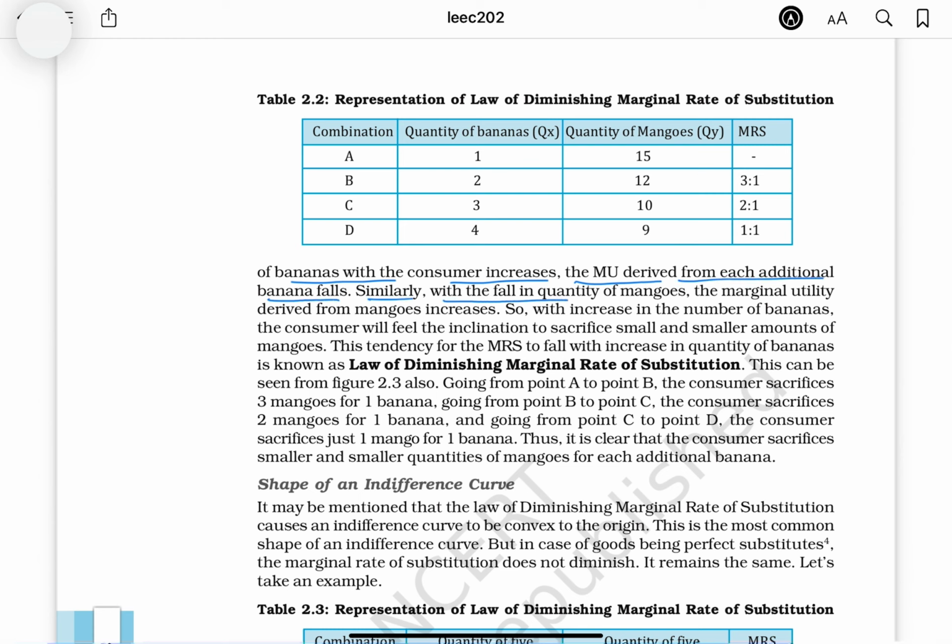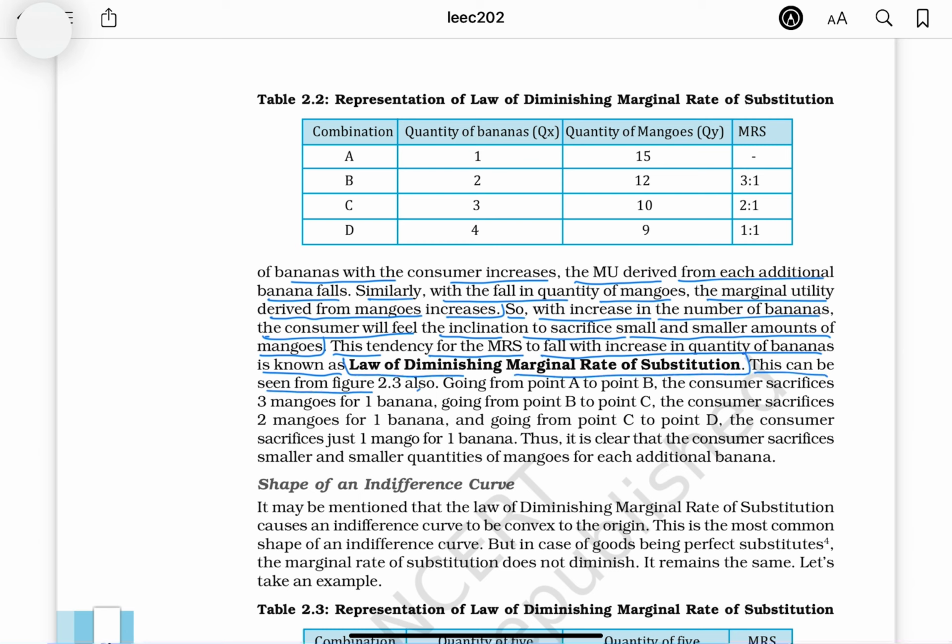Similarly, with the fall in the quantity of mangoes, the marginal utility derived from mangoes increases. So, with increase in the number of bananas, the consumer will feel the inclination to sacrifice smaller and smaller amounts of mangoes. This tendency for the MRS to fall with increase in quantity of bananas is known as the law of diminishing marginal rate of substitution.